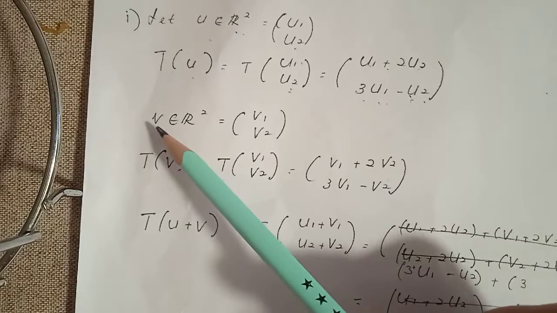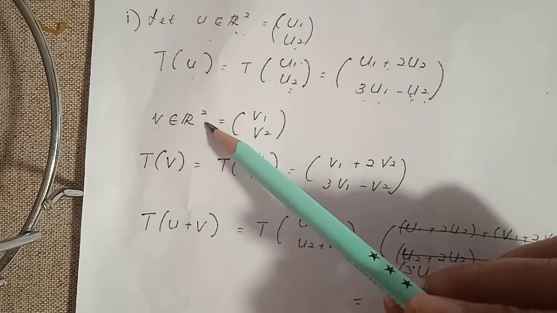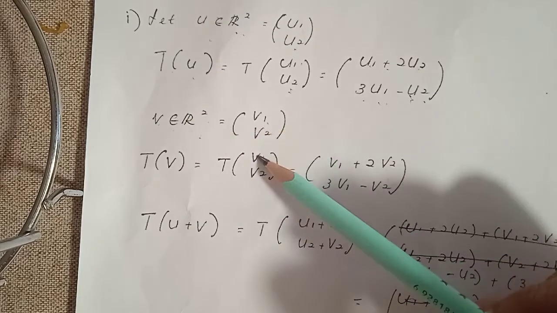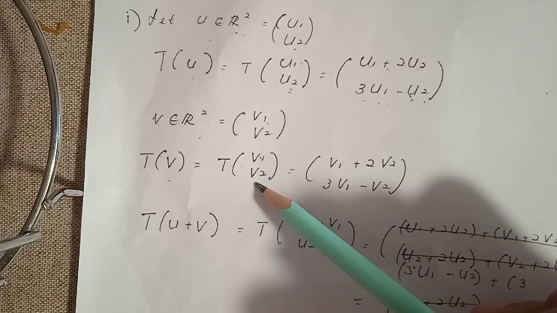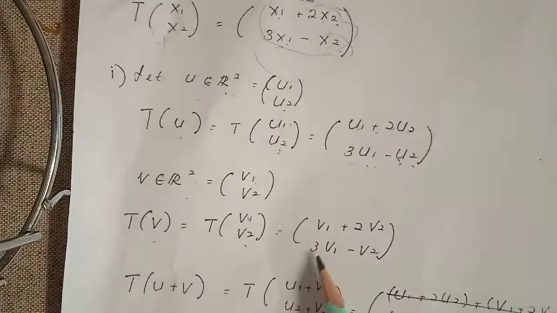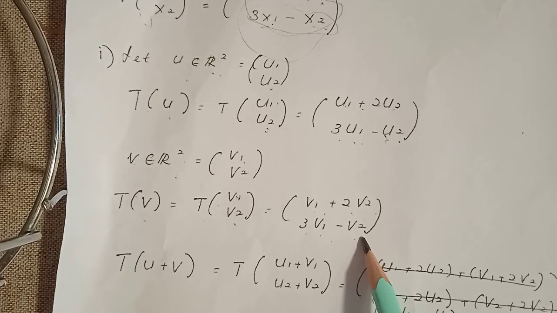Now let V be a vector in R2 given by V1, V2. So T of V is T of V1, V2, assigned using the formula here to V1 plus 2V2, with 3V1 minus V2 as the second component.